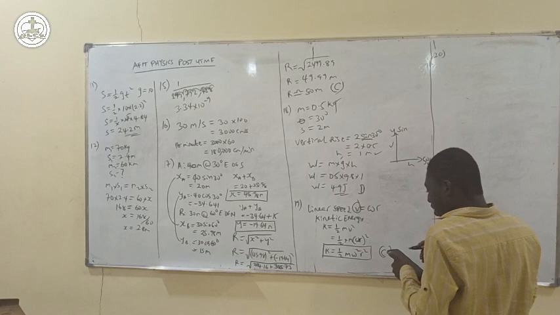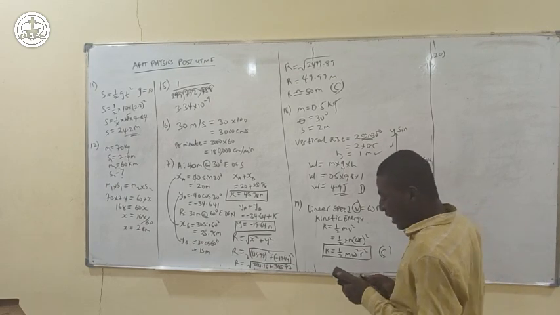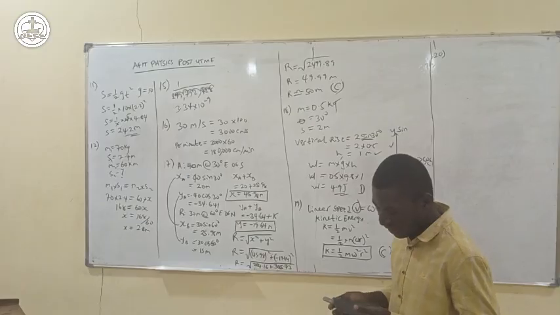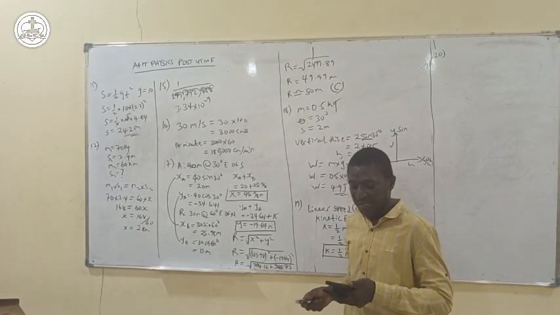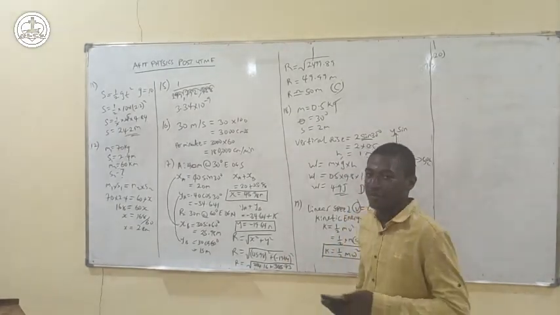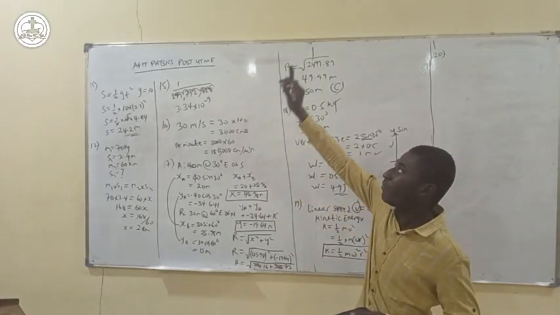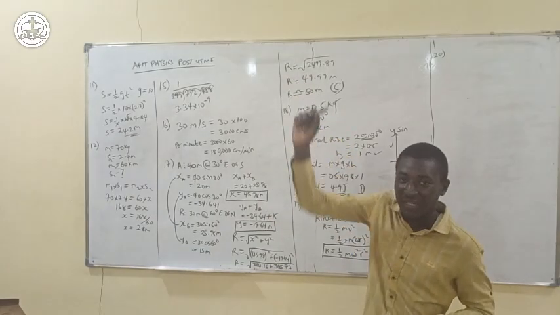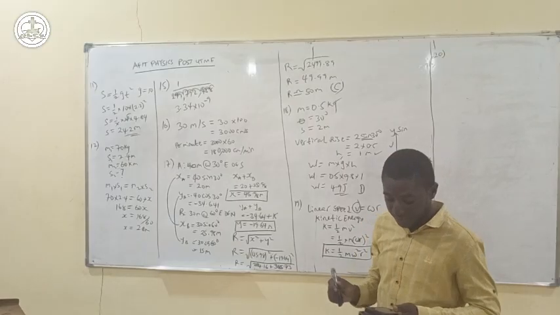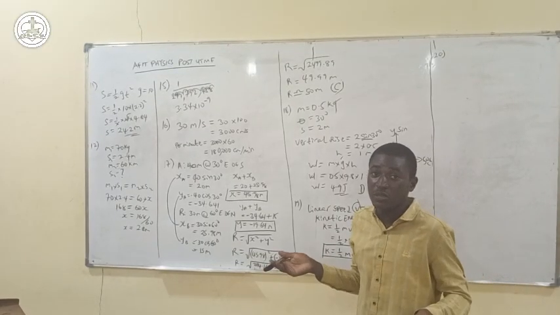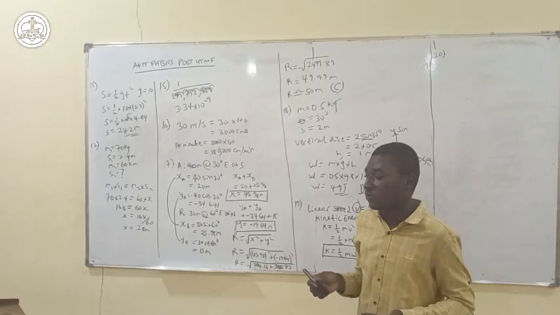So in free fall, all bodies accelerate at the same rate. If both are dropped from the same height, they hit the ground at the same time, irrespective of their mass. If they drop from, let's say, 20 meters, they reach the ground at the same time. So the time difference will be what? Definitely it's going to be 0 seconds.